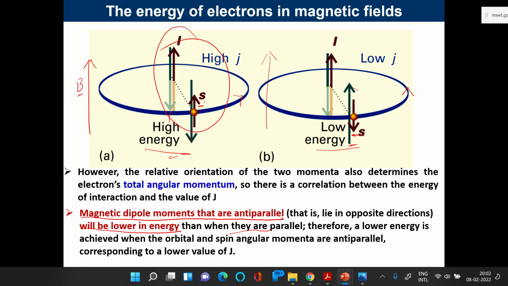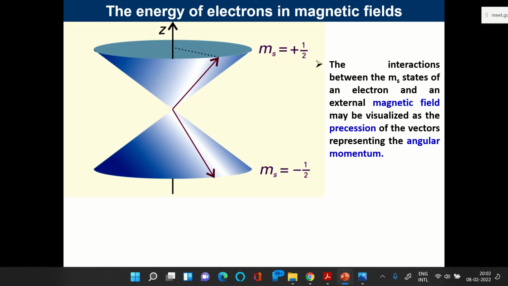So when we have spin angular momentum and orbital angular momentum, there is an interaction between these two states. What will happen when no magnetic field is applied? The plus half state and minus half state both have the same energy. But as soon as you apply a magnetic field, there is precession.